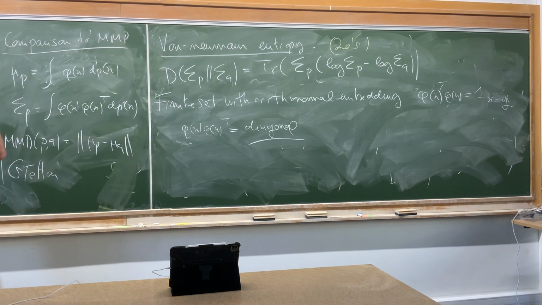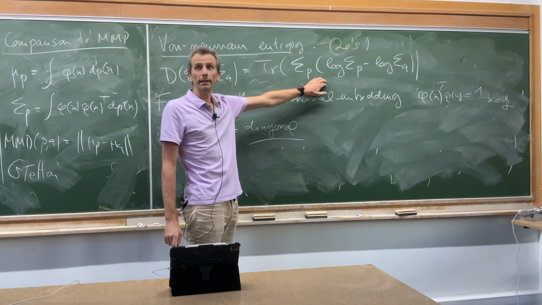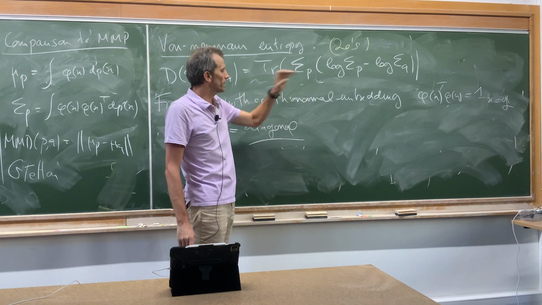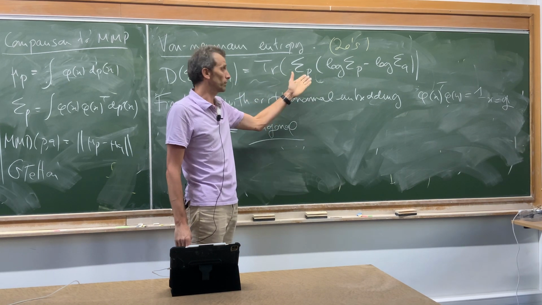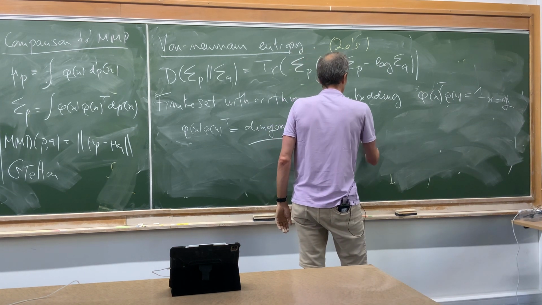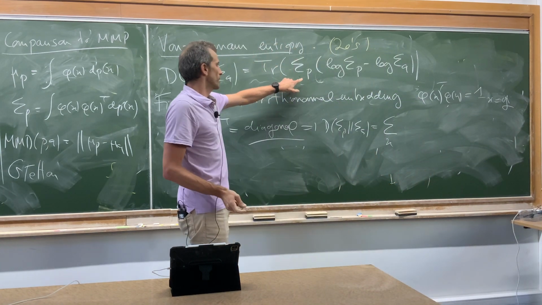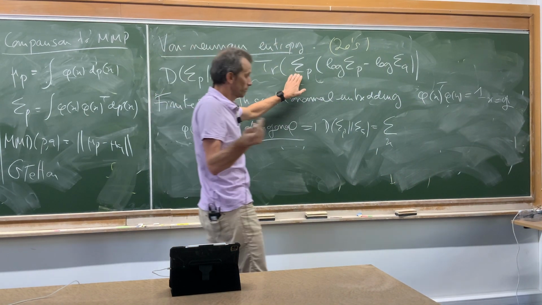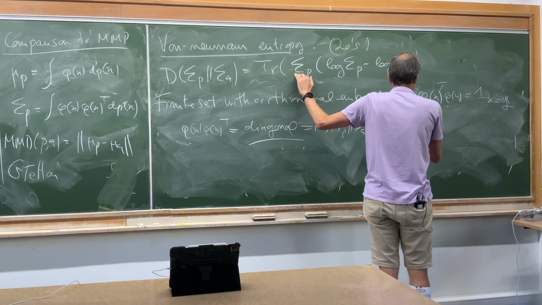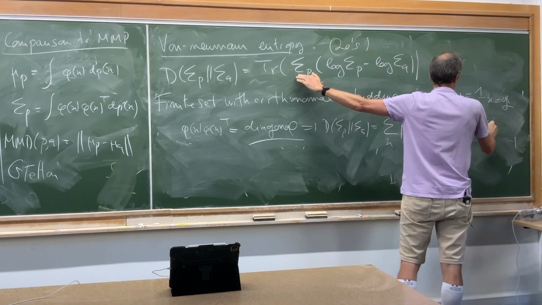Since it is diagonal, all my sigma p will be diagonal, all my sigma q will be diagonal, and all the problems with eigenvectors will be solved. At the end, everything simply depends on the diagonals, and I get that d of sigma p, sigma q is the sum over x of p of x times log of p of x minus log of q of x.